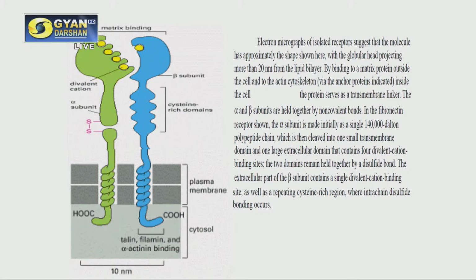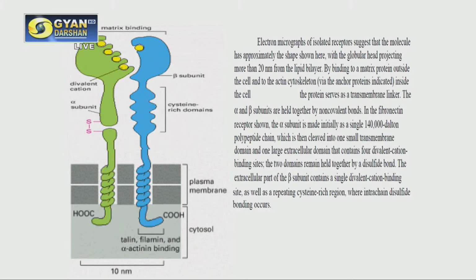Now, what is the structure of this integrin? Integrin consists of two components, head and tail portion. The head portion, as you can see, is outside, and the tail portion is present within the cell. The head portion has certain divalent cation binding sites, and it is the portion that attaches to the extracellular matrix, whereas the tail portion binds to the cytoskeleton, actin, etc. And there are certain interacting proteins like talin, filamin, alpha actinin.